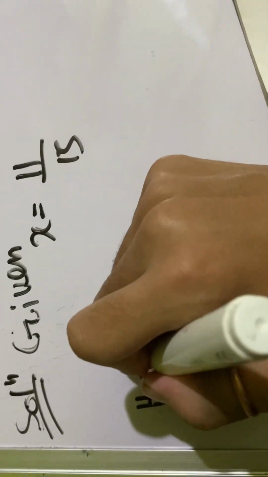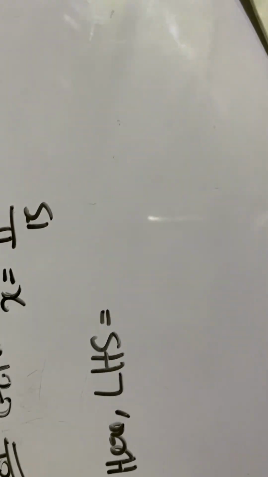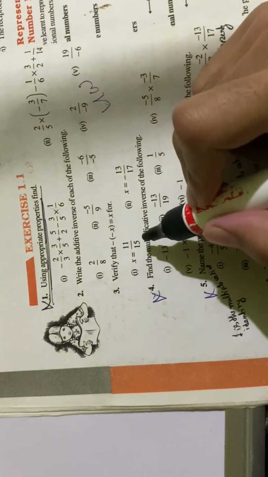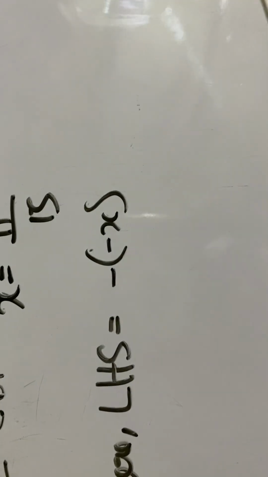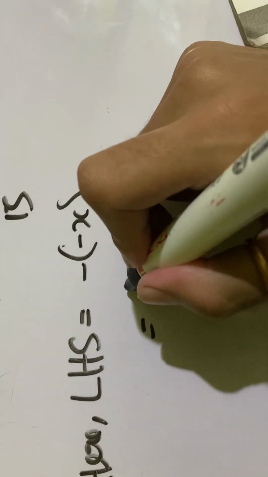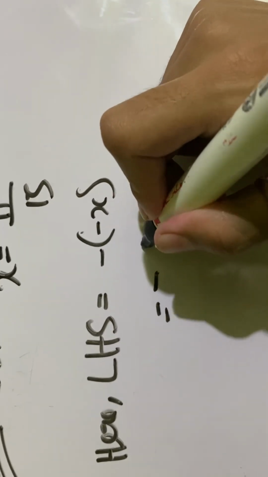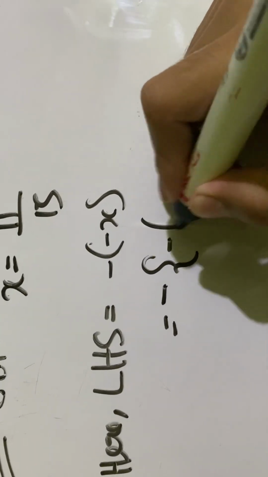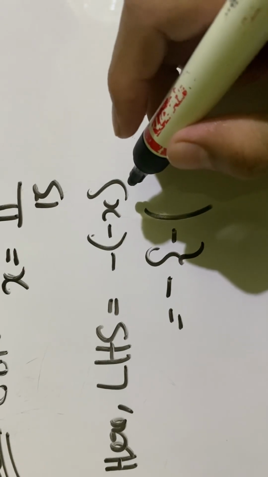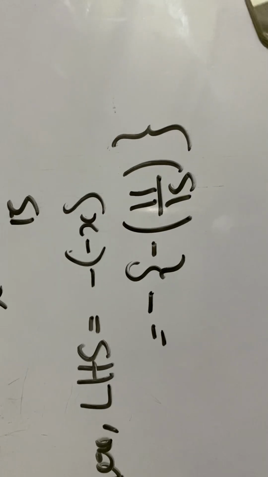Here LHS is this given, left hand side minus x, then next point we will write it minus bracket minus, then we will write this 11 by 15 bracket close.